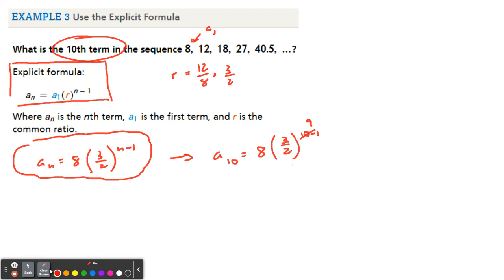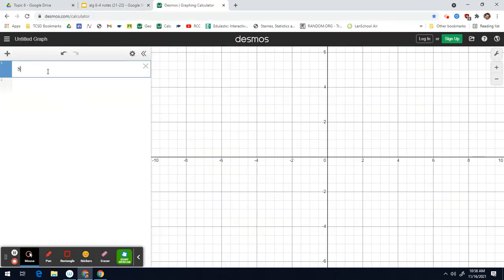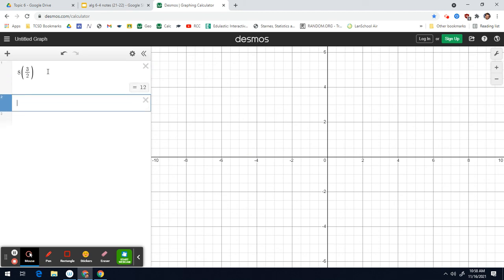And you're just going to type this in Desmos. I'm going to go to Desmos and show you how to type it in. So 8 times 3/2 to the 9th. So 8 parentheses 3/2. Oh, sorry, close parentheses, raised to the 9th.